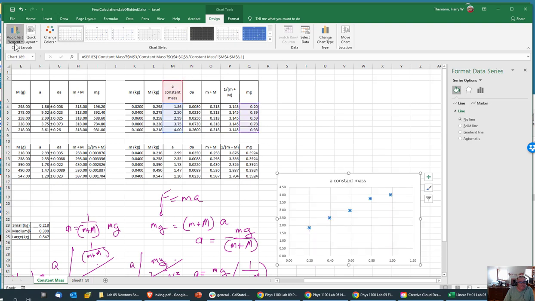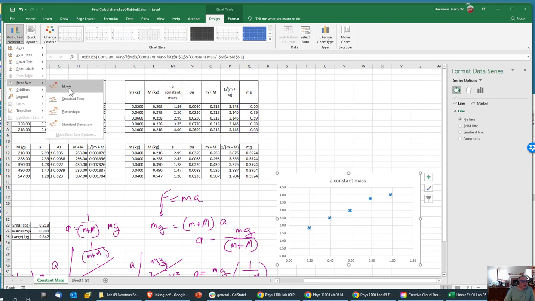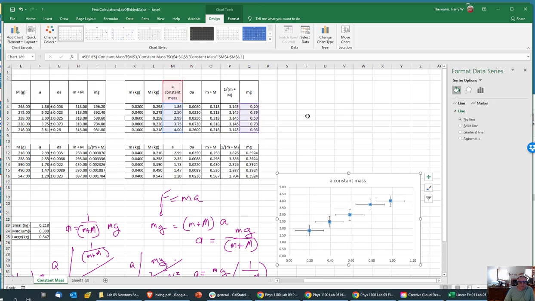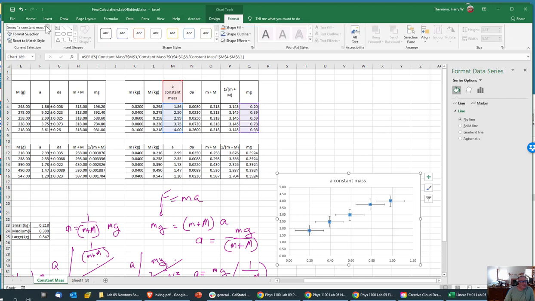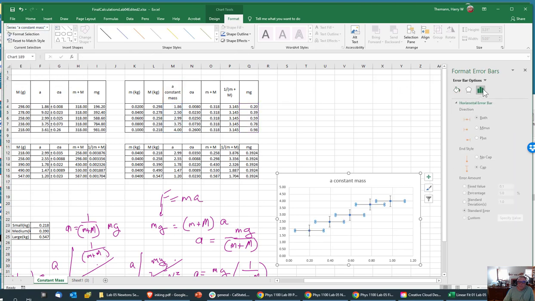And now we add a chart element and want error bars. Let's pick one of them, it doesn't matter. And now if we want to format that, we go to the format, and for Mac users, you have to go up here to this drop down box, and now we put in a fixed value for X error bars as 0.